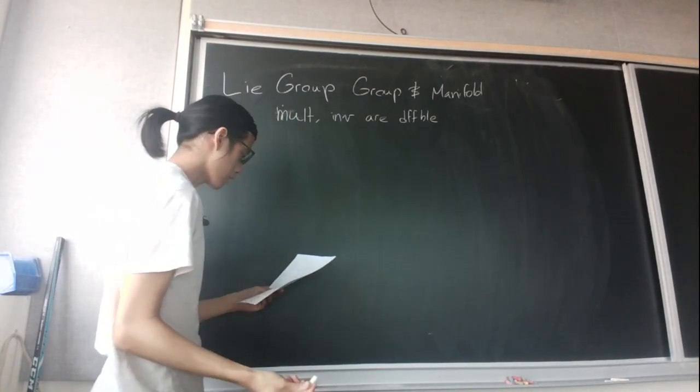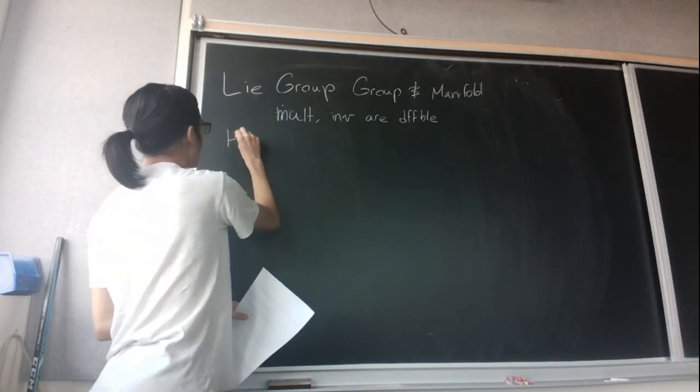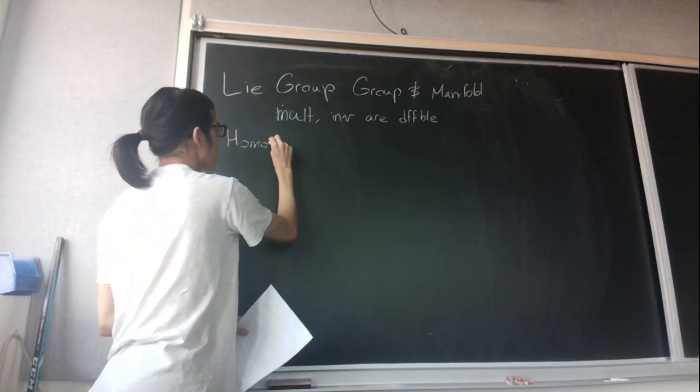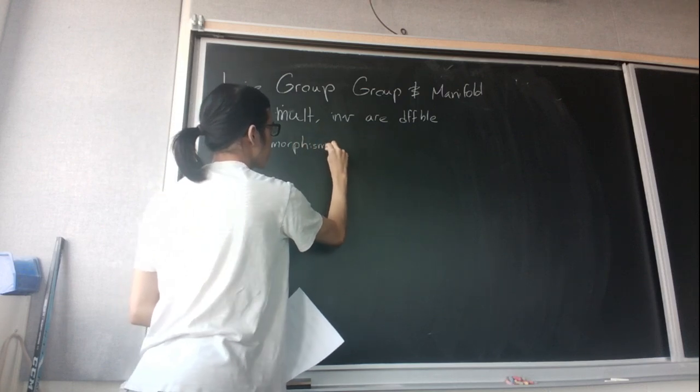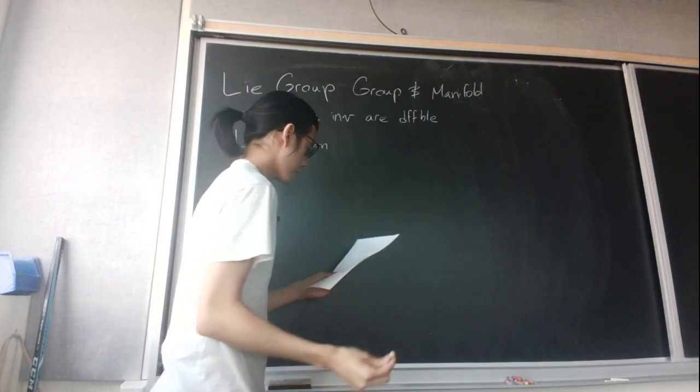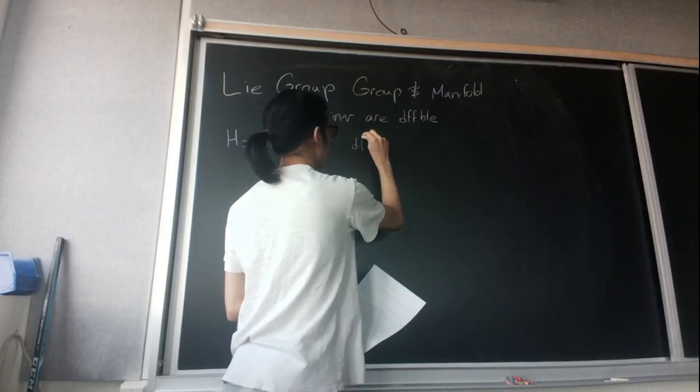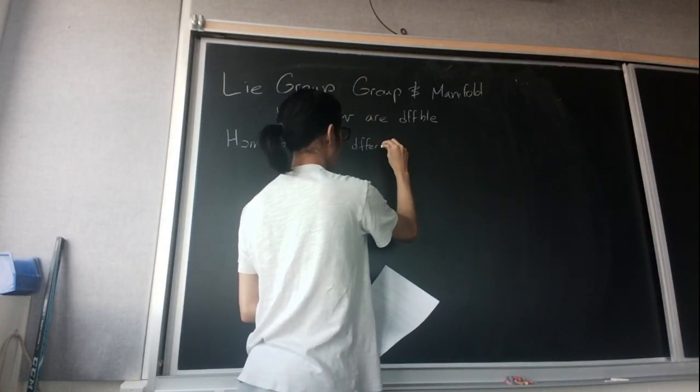And the group homomorphisms are differentiable maps. So we're going to call them rho today.